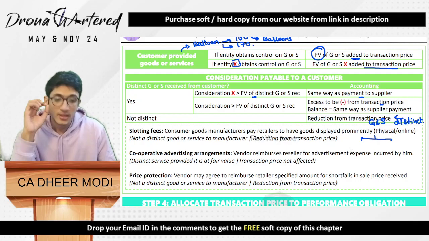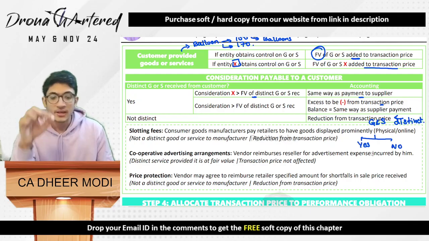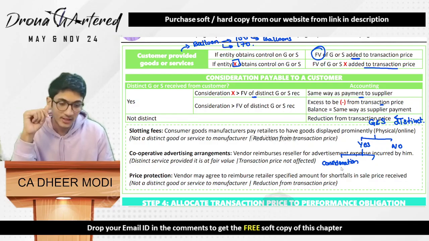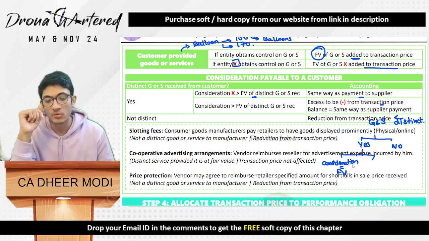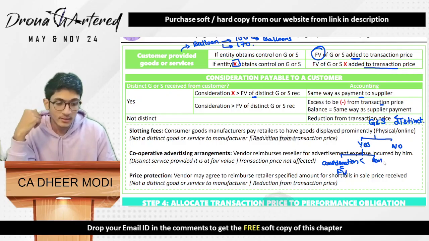If the answer is yes or if the answer is no. If the answer is yes, then again you see two parts. That is, consideration not greater than fair value, that means either equal to or less than fair value. And second is if your consideration is greater than your fair value.